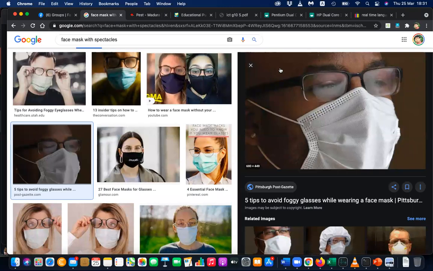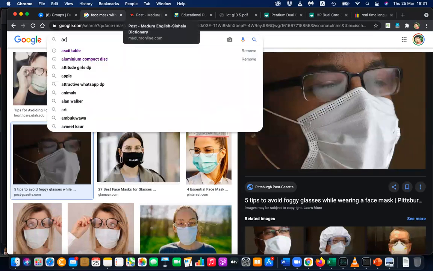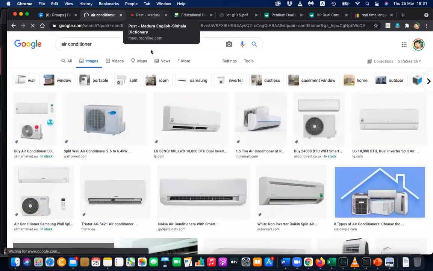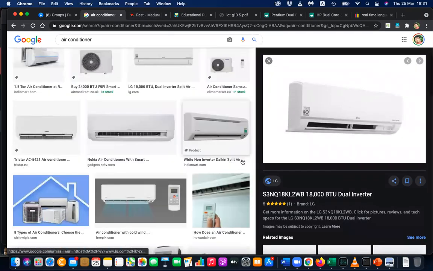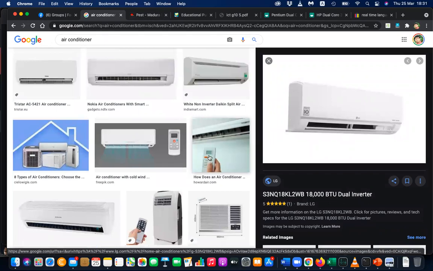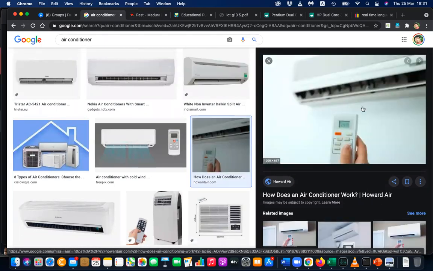For example, in an AC, you can see the temperature is 24. Let's say this is the air conditioner, and you can see the temperature as 24.